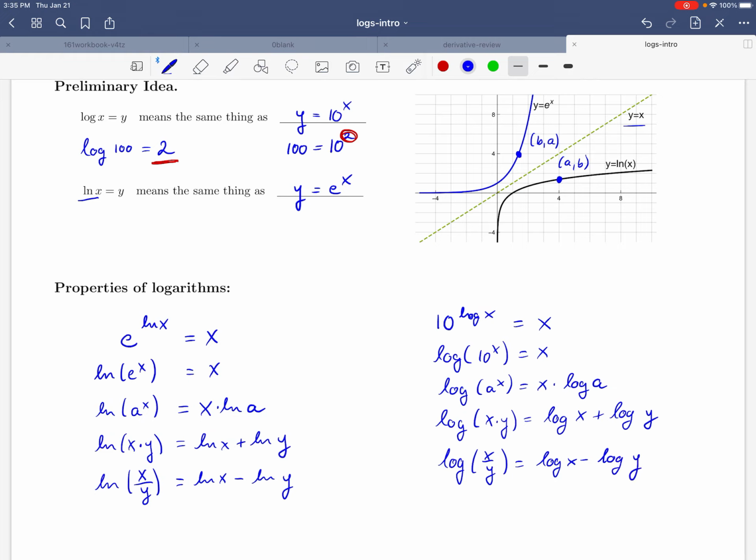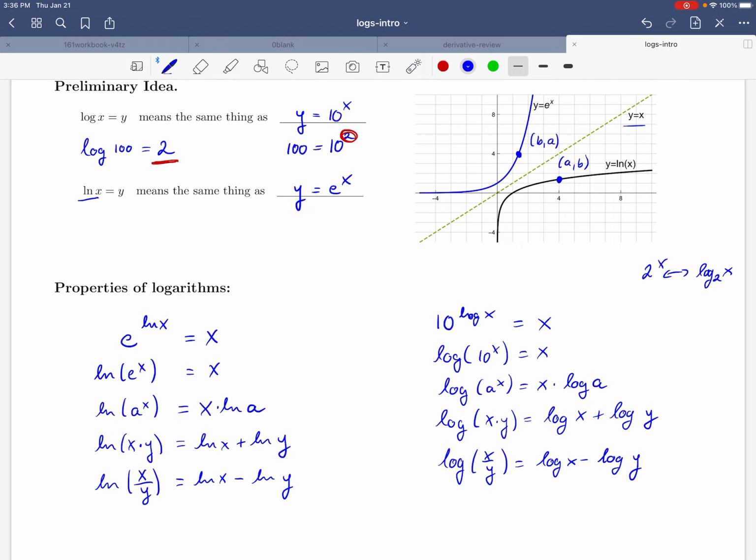Now you could have a logarithm that corresponds with any exponential function, 3 to the x, 5 to the x. Any of those have a corresponding log, which you would call log base, whatever that is. So like 2 to the x has the corresponding log base 2 of x as an inverse function.